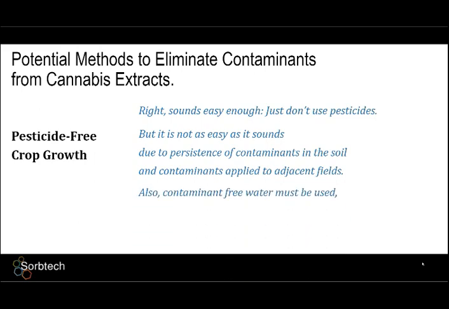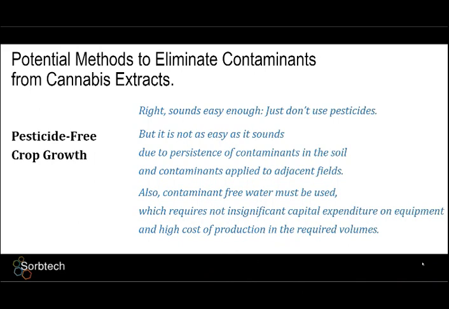Also, contaminant-free water must be used, which requires a not insignificant capital expenditure on equipment and a high cost of production in the required volumes for the farmers, whom you're going to have to convince to grow cannabis instead of growing blueberries or cherries or wheat.